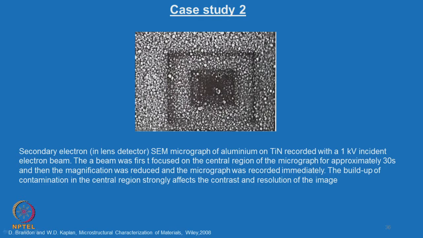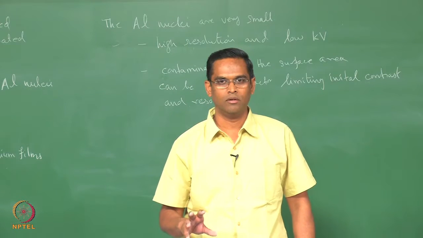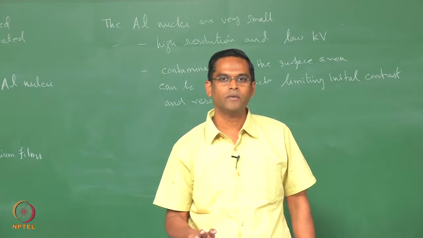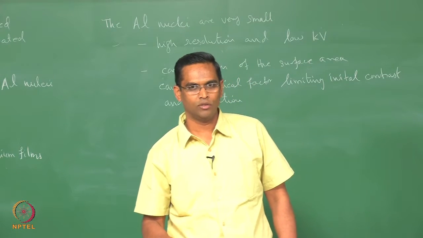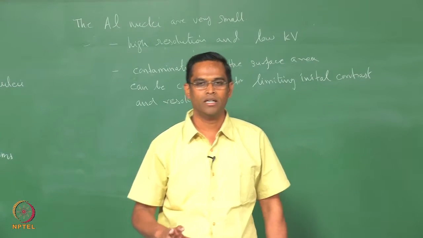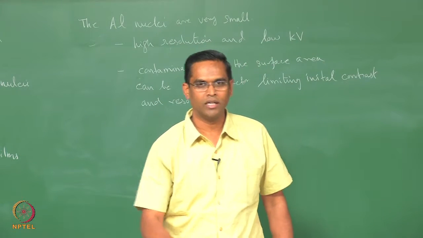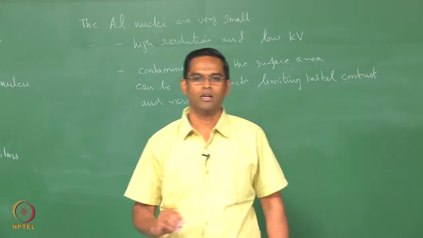It is because of overexposure to the electron beam, and remember here 1 kV is being used for 30 seconds. In spite of that, the contamination is so fast, but then you have to reduce the magnification because you are interested in looking at the aluminum nuclei.